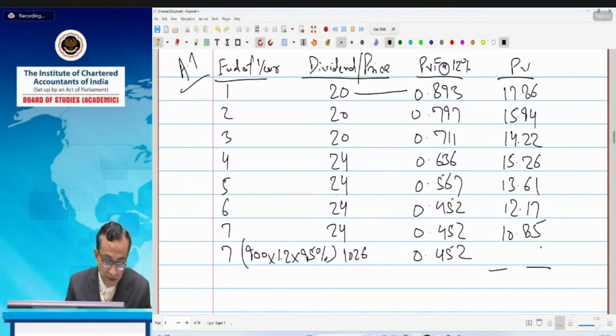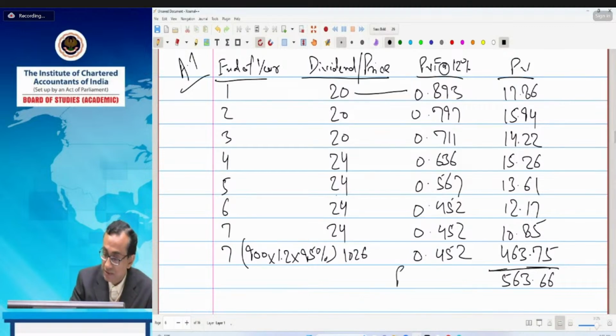It will be 463.75. So in total it will be coming to 563.66. So it is the present value.